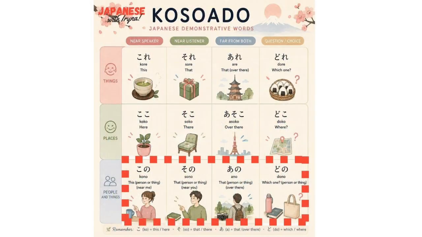Okay, so this time we have a special group of words. This time we are learning kono, this noun, sono, that noun close to the person, ano, that over there noun, and dono, which are kono, sono, ano, and dono.